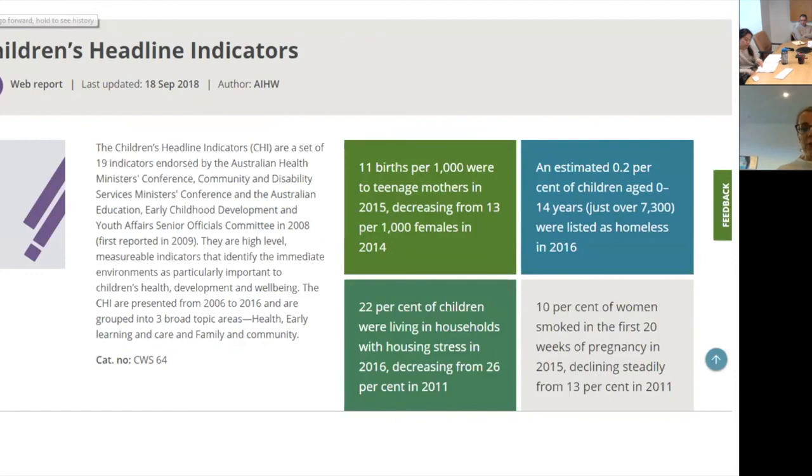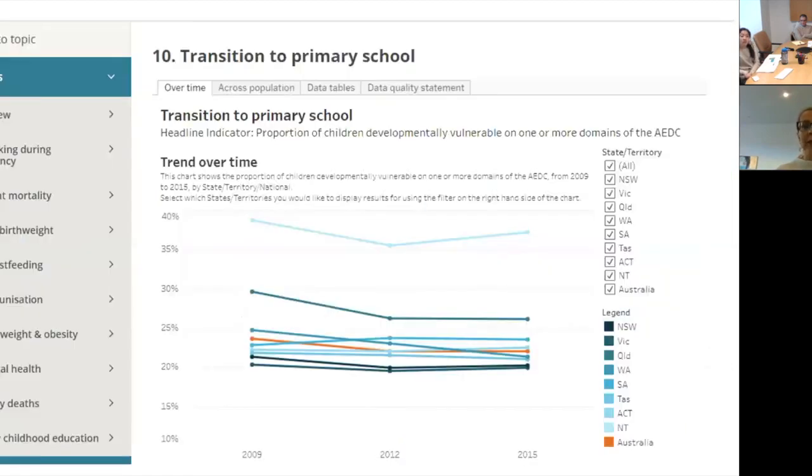This is from 2018, but just so you know, the children's headline indicators still exist, which is pretty exciting. You can go on now and have a look at any of them on the Australian Children's Headline Indicators website. And there it is, transition to primary school. So really now, 13 years later, the AEDI and the EDI is fundamentally embedded in the policy fabric in this country.